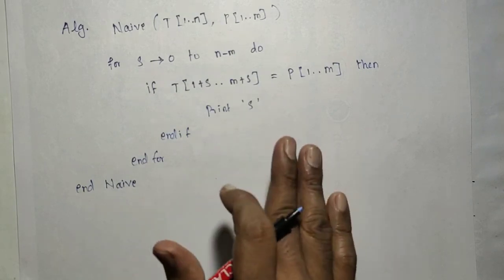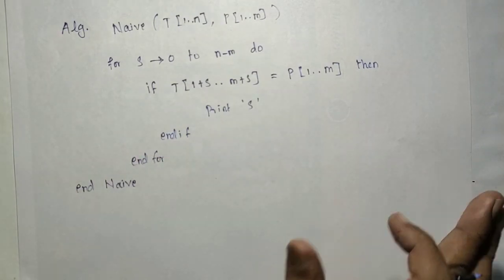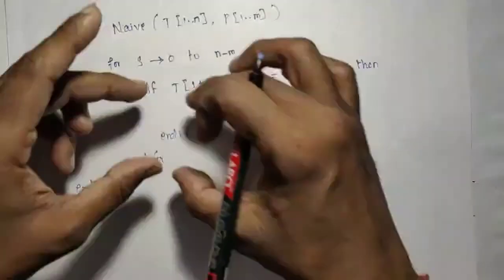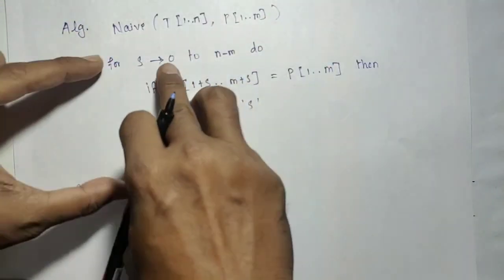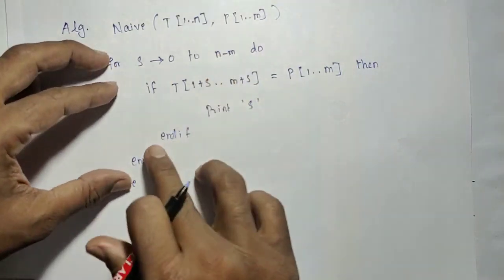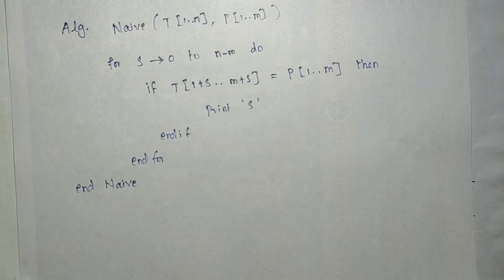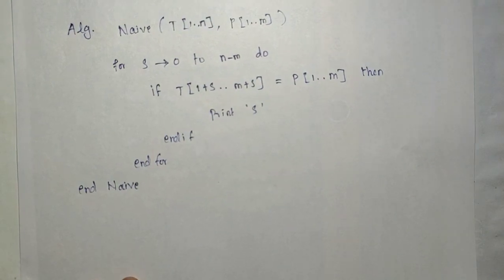In this case, don't do the comparison, as there is no possibility of the string occurring. So we apply some condition. There are also n minus m iterations, but the comparison depends on some condition. That condition we are going to discuss. That is the Rabin-Karp algorithm. It is similar to the naive string matching algorithm. We'll discuss that in the next video. Okay, thank you.